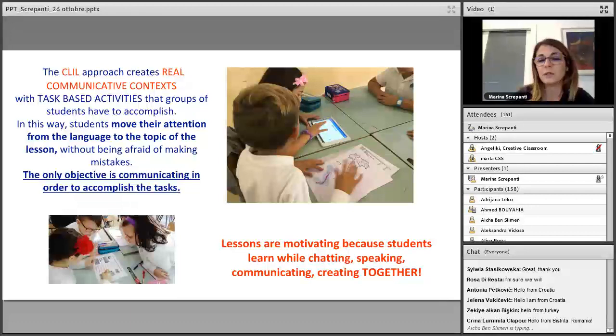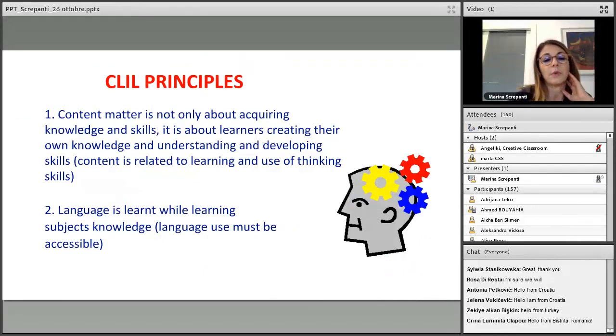And in this way, the lessons are more motivating because students learn while chatting, speaking, solving problems together. So the only objective of the students is communicating in order to solve the problems or to accomplish the task the teacher gives them.